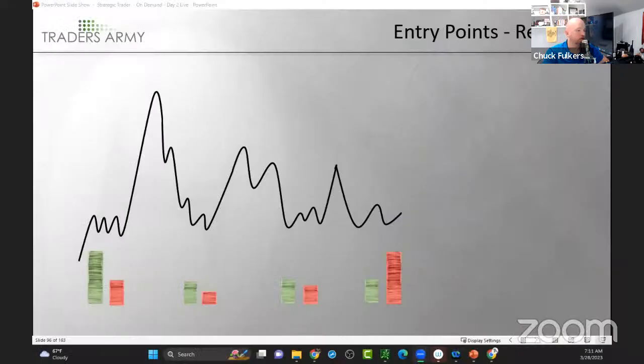Oops, did I hit the stop share? Sorry about that. We've continually come back into this price area, which we identified as an area where buyers and sellers were equal. But every time that we've come back into that area, we have reduced the number of buy orders, right? We've reduced the number of buy orders each time.